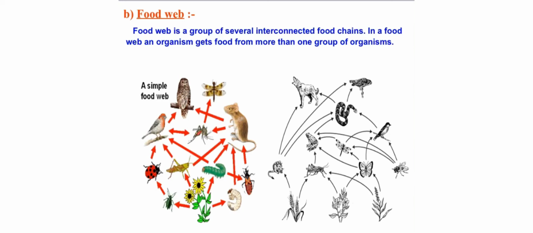Because each organism is generally eaten by two or more other kinds of organisms, and these organisms are again eaten by several other kinds of organisms. So instead of a straight line food chain, the relationship can be shown as a series of branching lines, which is known as a food web. Thus, the food web is a group of interconnected food chains.